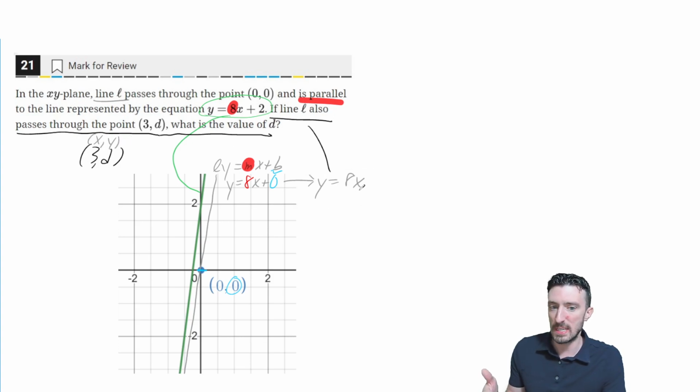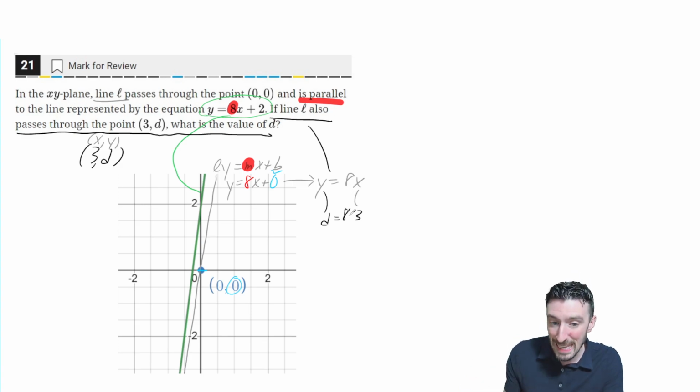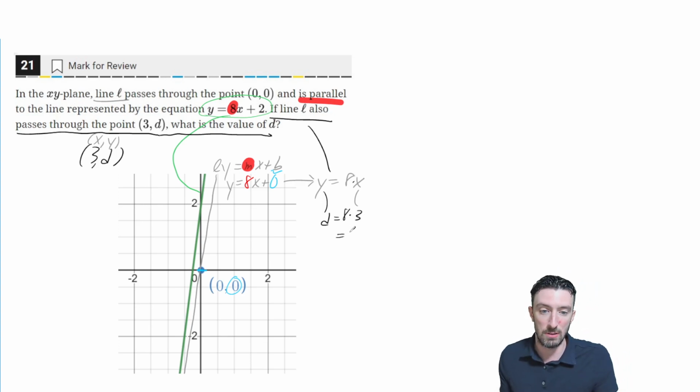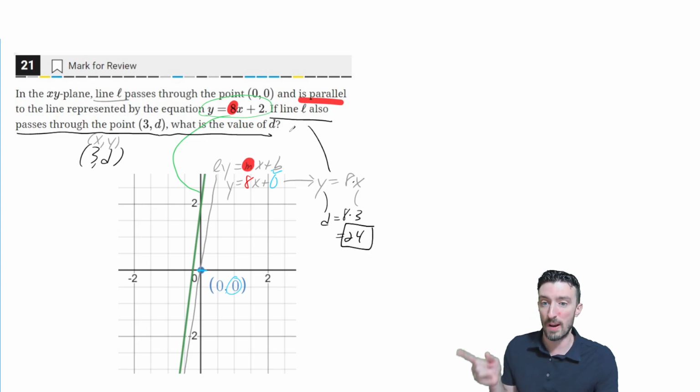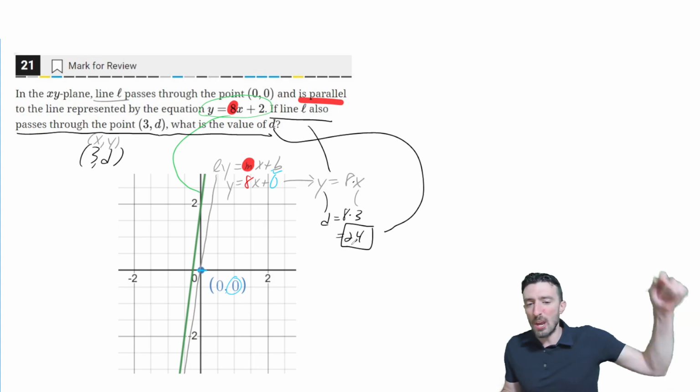So where I see the x, I should put a 3, and where I see the y, I should put a d. So it's going to be d equals 8 times 3. When 8 is next to the x, it means times. So now we have 8 times 3, which is 24. That's what they wanted to know. They wanted to know the value of d, so we are done.